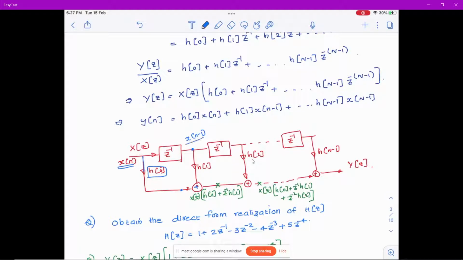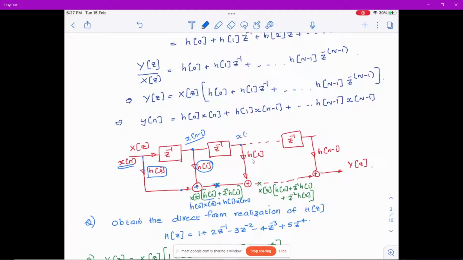So this x of n minus 1 will get multiplied by h of 1. So at this juncture, you get x of z into h of 0 plus z raised to minus 1 into h of 1, or h of 0 into x of n plus h of 1 into x of n minus 1. ഇതാണ് ഈ ഒരു ജംഗ്ഷനിൽ കിട്ടുന്നത്. Similarly, you delay it again.